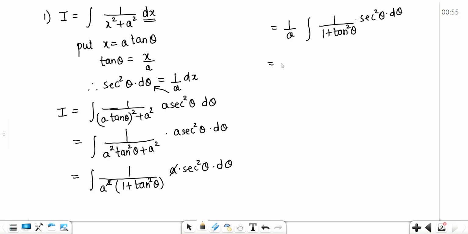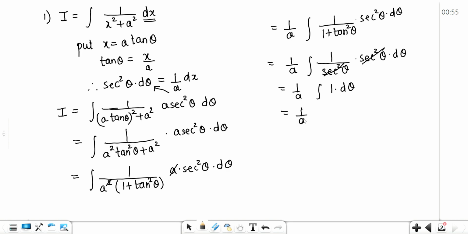That gives you 1 upon a. Now 1 plus tan square is nothing but sec square, right? So we'll just write this down, and the sec square gets cancelled. It is left with 1 d theta. Now the integration of 1 with respect to theta gives you theta plus c.